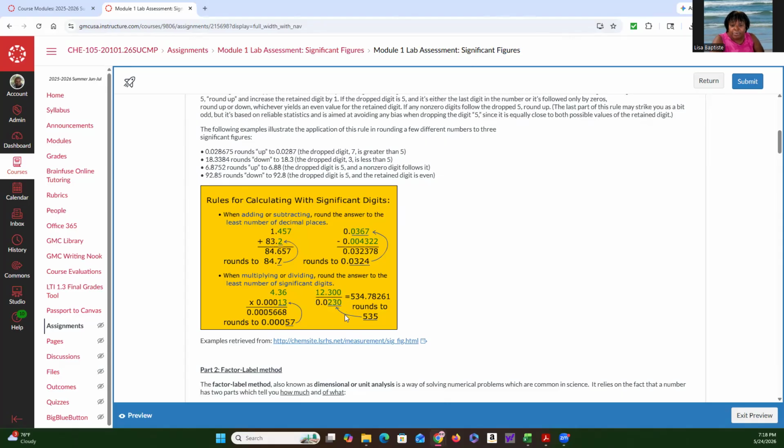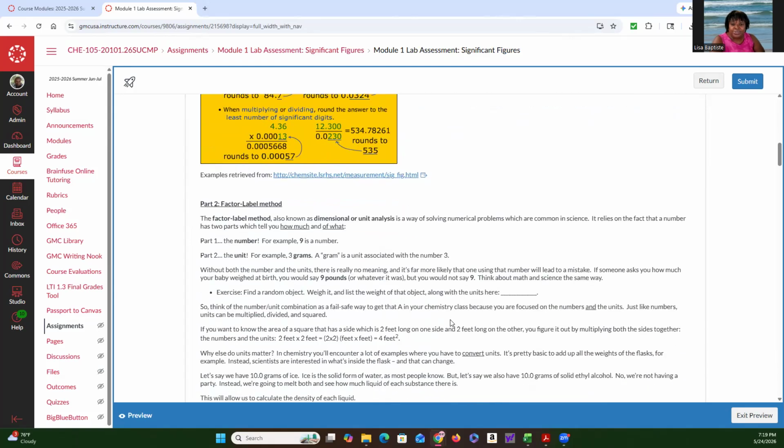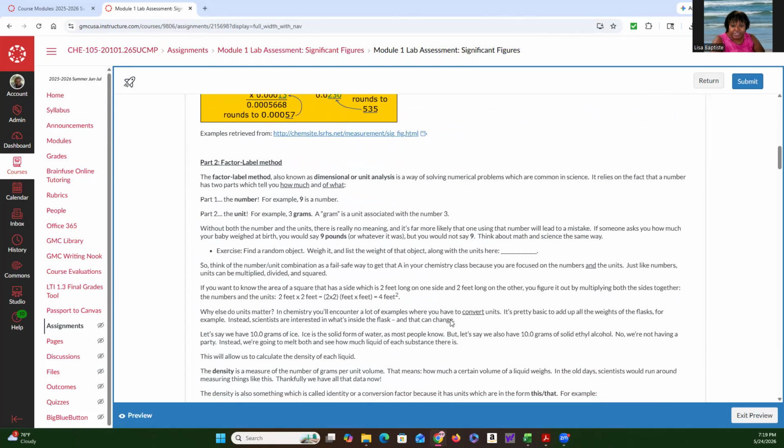So all five numbers are significant. 0.0230, the leading zeros are not significant, but because of this zero, the trailing zero is significant. That has three significant figures. We want to go with the least. The least is 3. And so we round our final answer to 535. All right. And so that's how we use our significant figures.